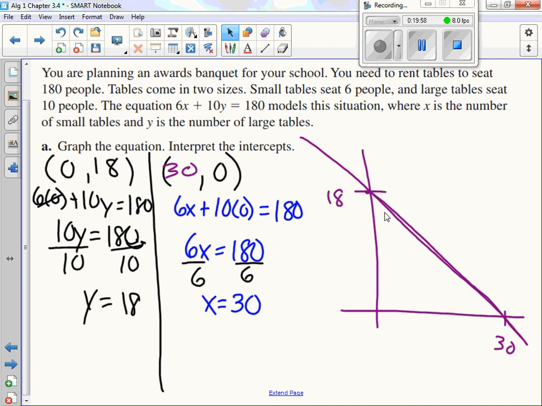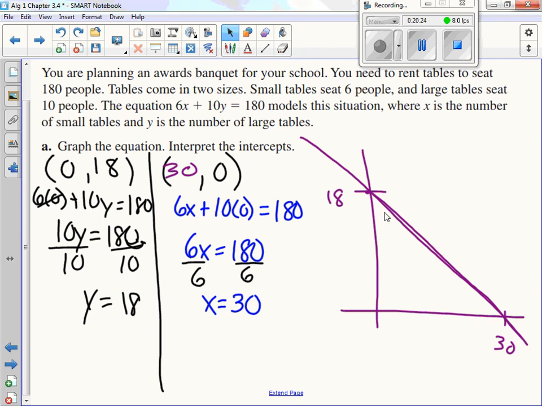So what does it mean if, at 30, what is 30? It's having 30 tables. Would that be 30 of the big or small? Where x is the number of small tables, if x is 30, it means we have 30 of the small tables, yes?